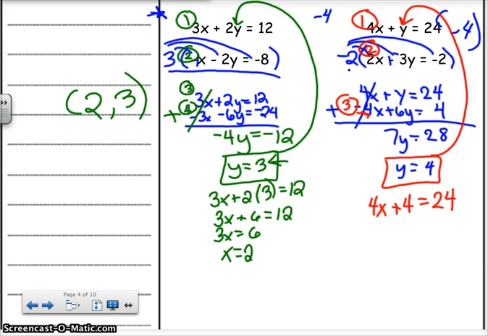Subtract 4, that's algebra, I'm just solving. 4x is 20. To move this 4, I would divide. So you get x is 5. So the solution to this system of equations is 5, 4. That means that the lines intersect at the point 5, 4.